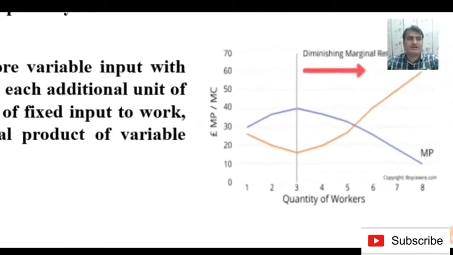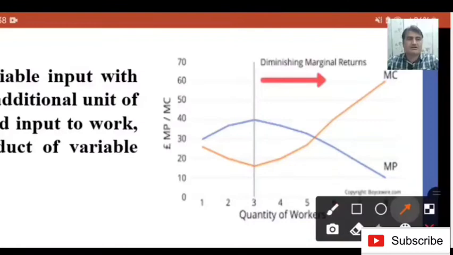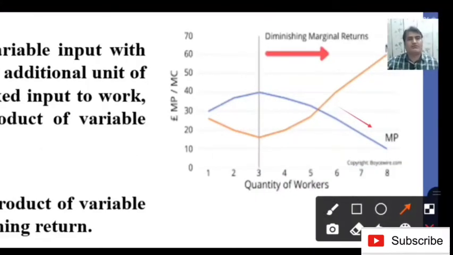You can see in the graph that after this point the marginal production starts to decline. This is the point where the marginal production is maximum. The declining portion of marginal product shows the diminishing return.